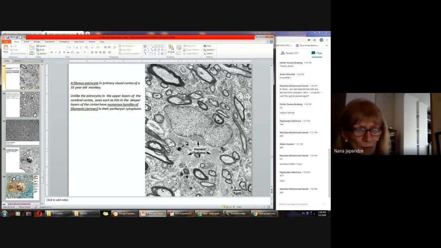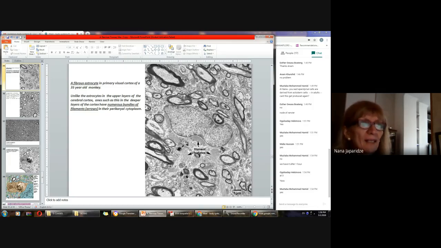It forms a small part of the process of the astrocyte. And you see here a lot of bundles of filaments. Look here too. So what type of filaments are they? They are GFAP, glial fibrillary acidic protein.